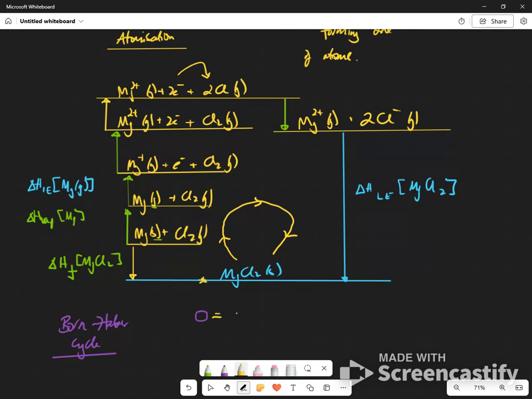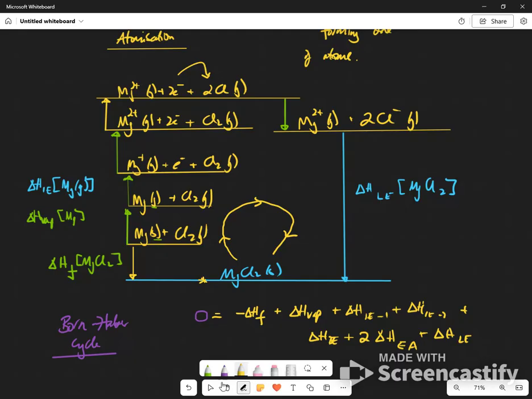So it equals minus delta H formation, plus delta H vaporization, plus the first ionization energy of magnesium, plus the second ionization energy of magnesium, plus the bond energy of chlorine, plus 2 times the electron affinity of chlorine, plus the lattice energy.